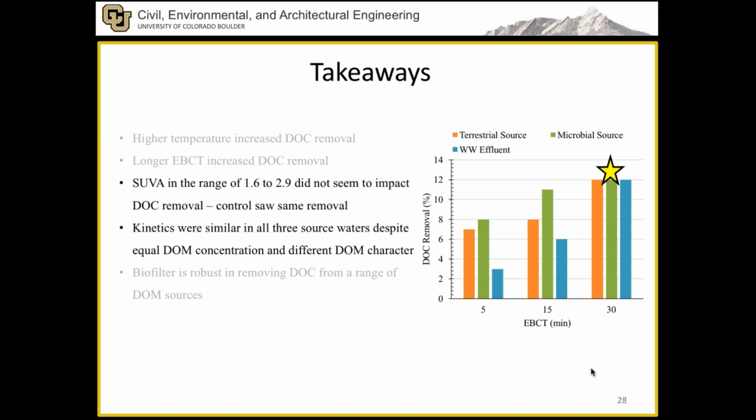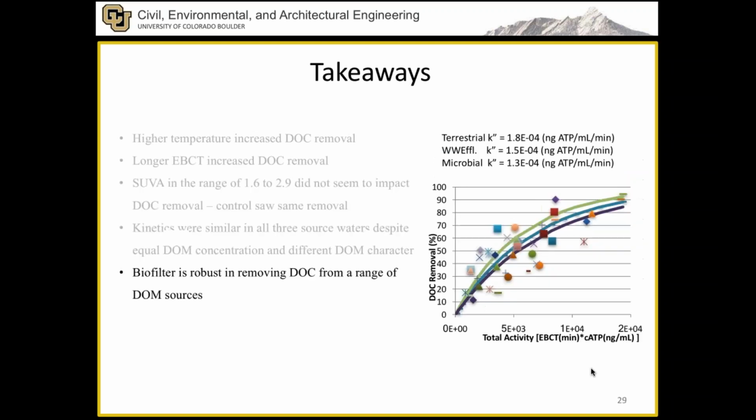And the kinetics were similar in all three source waters, despite equal DOM concentration and different DOM character. In addition, we saw that biofilters are robust in removing DOC from a range of DOM sources, which is beneficial for drinking water treatment plants, which pull from a range of sources.